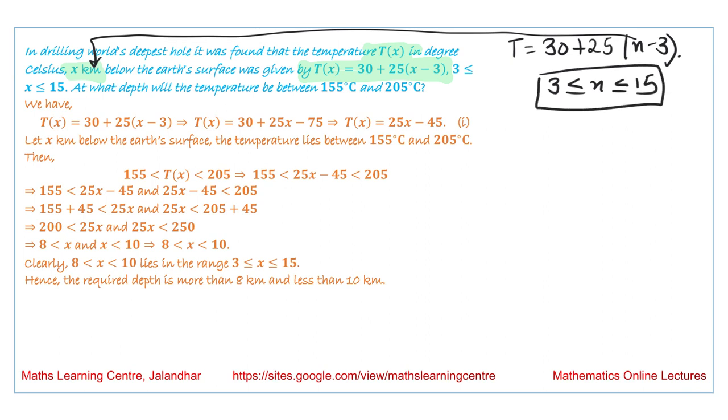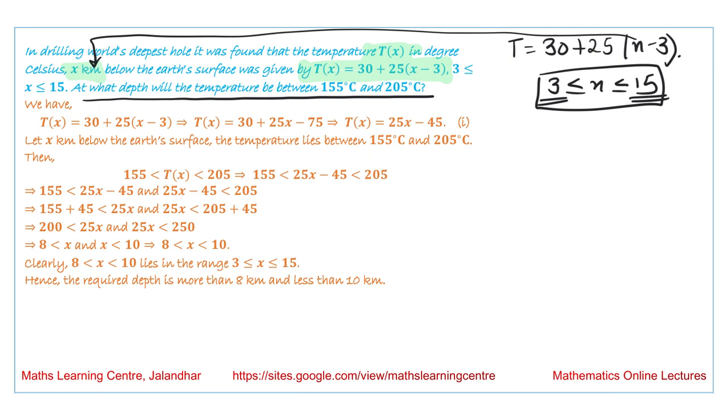This is the temperature given between the distance 3 kilometers to 15 kilometers. At what depth will the temperature be between 115 degrees Celsius and 205 degrees Celsius?